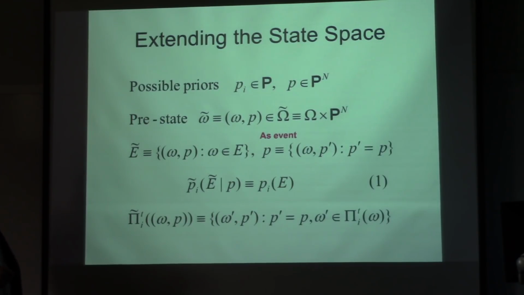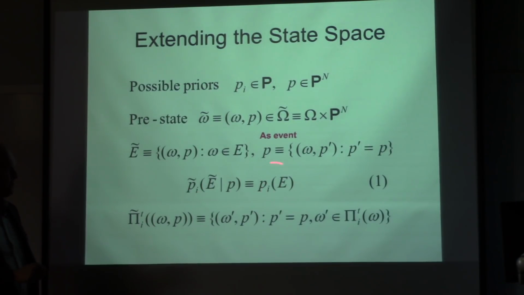We're going to have very few equations that we use, and this will be one of them. We have this idea of a prior in the ordinary space, and we can extend that into the larger space. That is, we're going to do it conditionally. We're going to say, well, Pi tilde is the extended version of Pi.